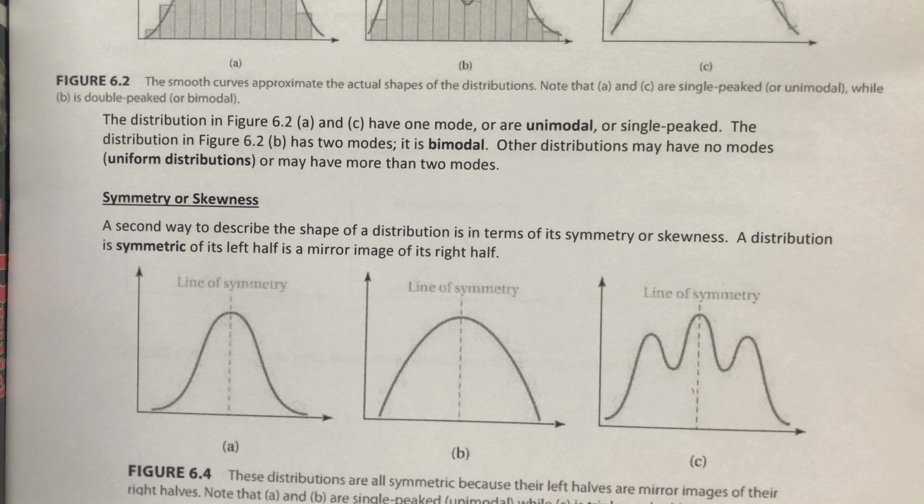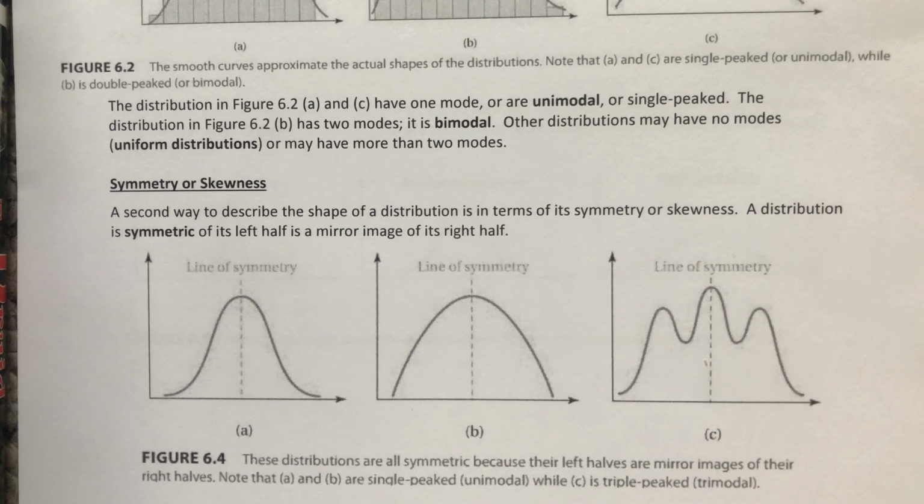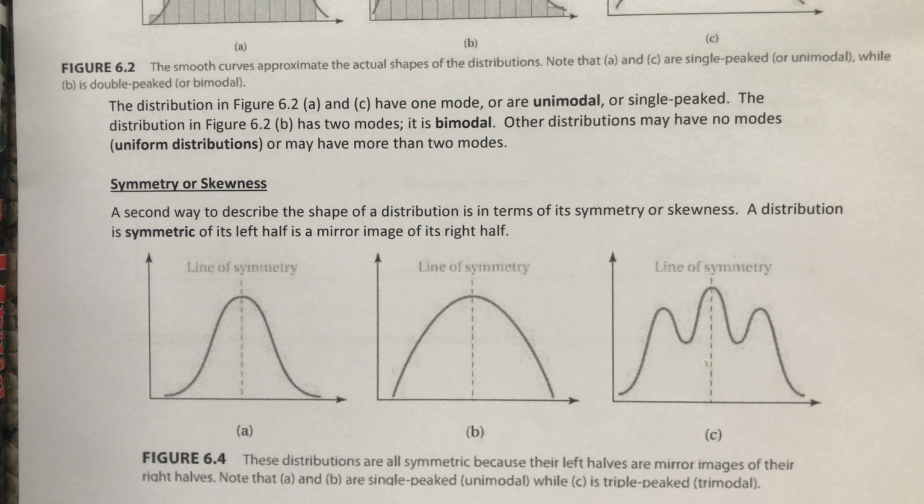So A, B, and C are all symmetric. There's a line of symmetry where if I was to fold the paper in half, the left side of the graph would line up with the right side. So A and B are symmetric with one mode. C is symmetric. It is trimodal, or has three peaks. Okay, but it's still symmetric. I can fold it in half and one side lines up with the other.